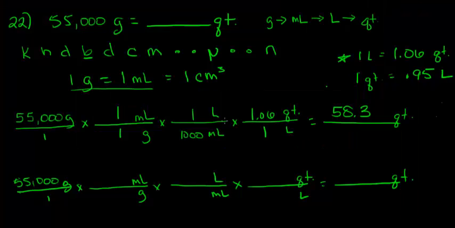Now let's see if the answer varies if we use this conversion factor instead. So we're going to fill it out in much the same way. 1 milliliter, 1 gram, that's the same. 1 liter, 1,000 milliliters, that's the same. But here we're going to take 1 quart and 0.95 liters and see if that changes our number at all.